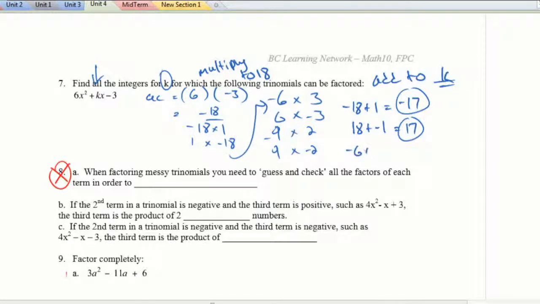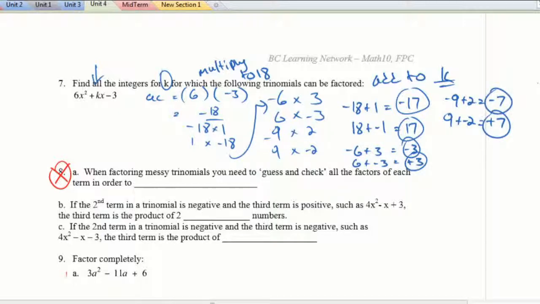If I have -6 plus 3, it gives me -3. If I have 6 plus negative 3, that gives me positive 3. So positive 3, negative 3, that could factor those as well. Negative 9 plus 2 is negative 7, and 9 plus negative 2 is positive 7.